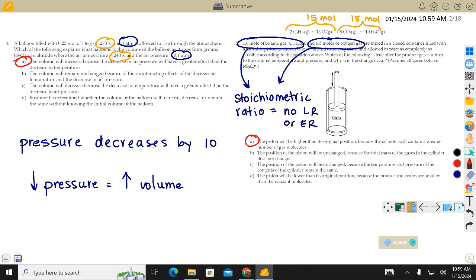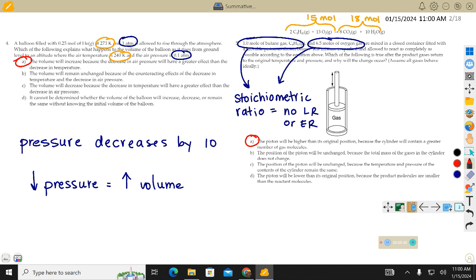But my pressure is decreasing by a factor of 10. So a 10-fold decrease in pressure is going to have more of an impact on the volume than a slightly lower temperature. So we'd expect the volume of the balloon to increase because the decrease in air pressure will have a greater effect than the decrease in temperature.